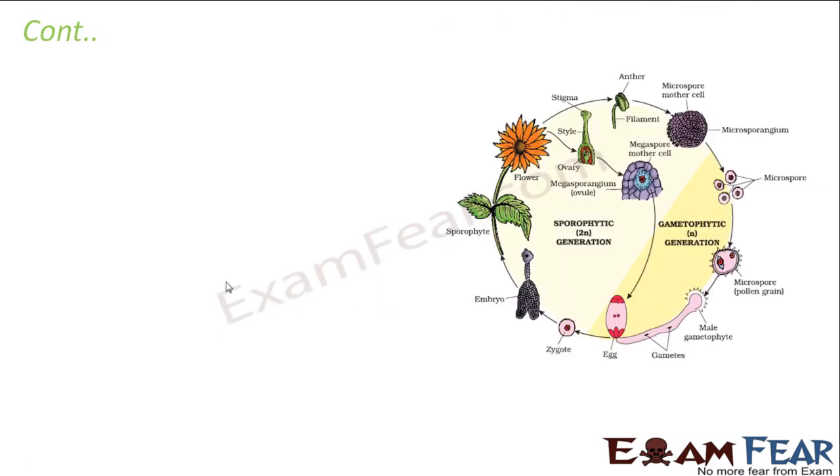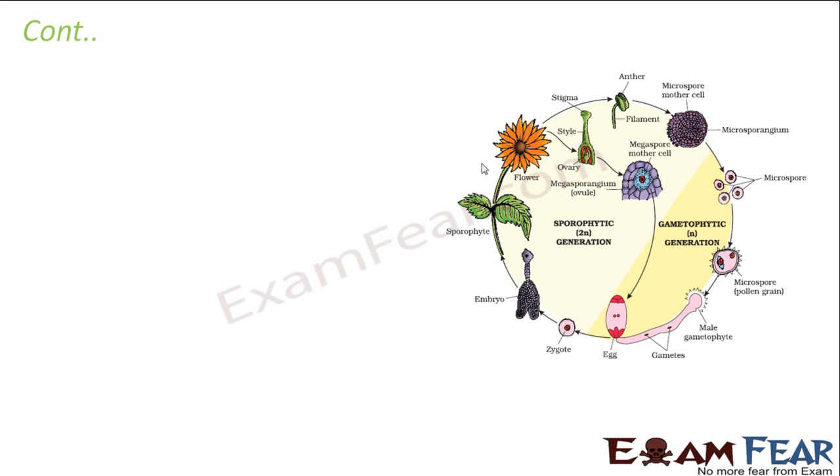So next if you look at the angiosperms. In the angiosperm, the anther of the stamen will have the pollen grains and the ovary of the pistil will have the eggs. So where exactly will the meiosis take place? This is the place where the gametes are produced and then the gametes fertilize to form the zygote.